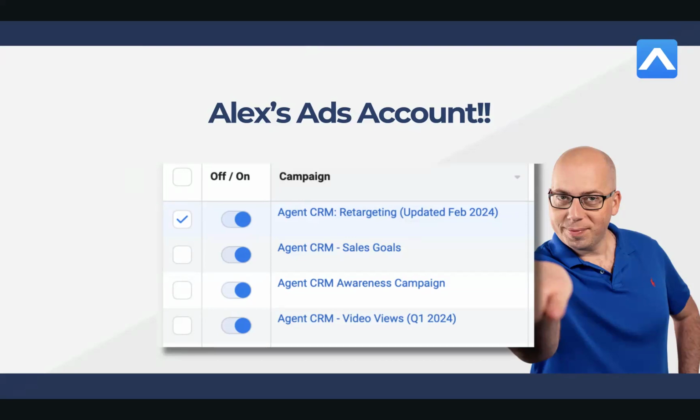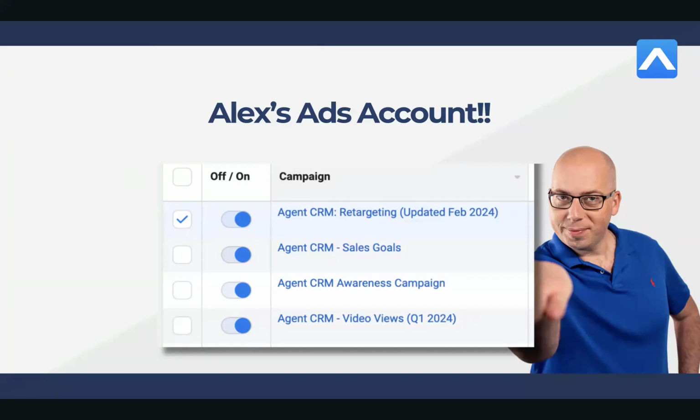Then we have an awareness campaign. In Facebook, this is literally just a campaign for awareness. We put ads out there, and we have multiple ad sets, which I'm going to show you on the next screen, based on who we want to attract into Agent CRM. So the awareness is basically trying to get my ads in front of as many people as possible.